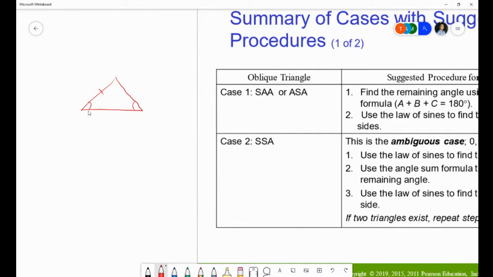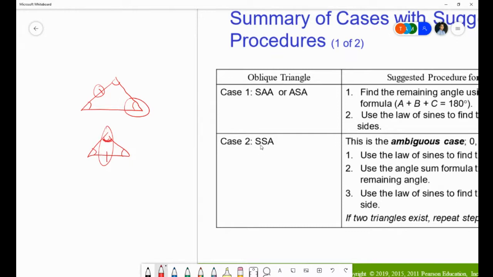Since I have two of the angles, I can definitely find the third angle so that I can have a pair or ratio in order to use the law of sine. It's the same thing for angle-side-angle. Of course, you can always find the third angle here, and then you have a ratio in order to use the law of sine.